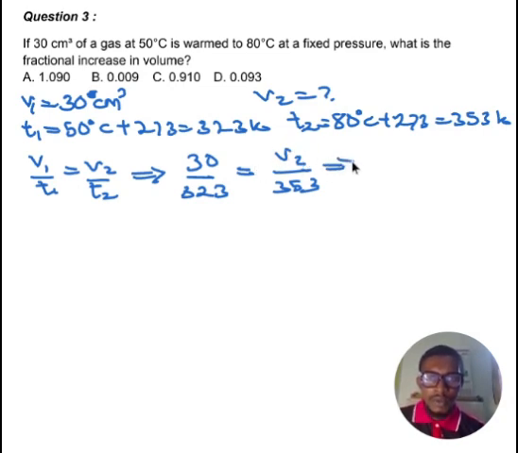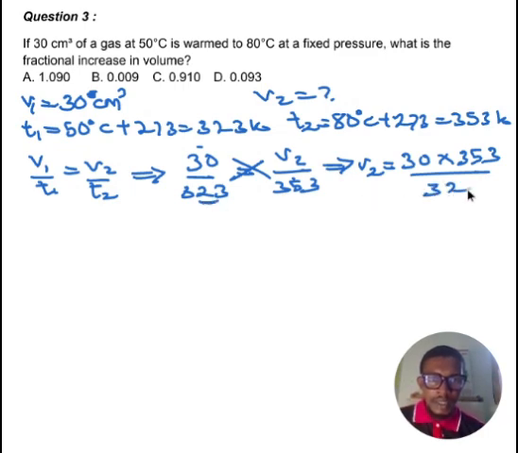Your V2 becomes equal to, cross multiply, so we have 30 times 353, then divide by this. Using our calculator, we have our V2 as 32.7.